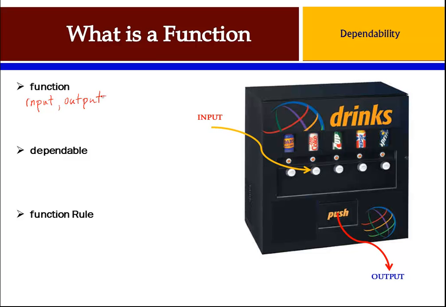And in a few minutes, we'll talk about how the input is usually associated with x, and the output is generally associated with y, and that we can write our input-output in an ordered pair form like we've just seen. A function has to be dependable. So for each x, there is one and only one y. Another way to say that is for each input, there is one and only one output.